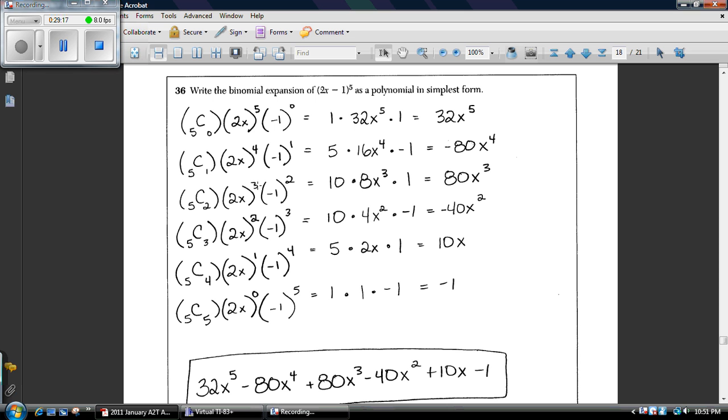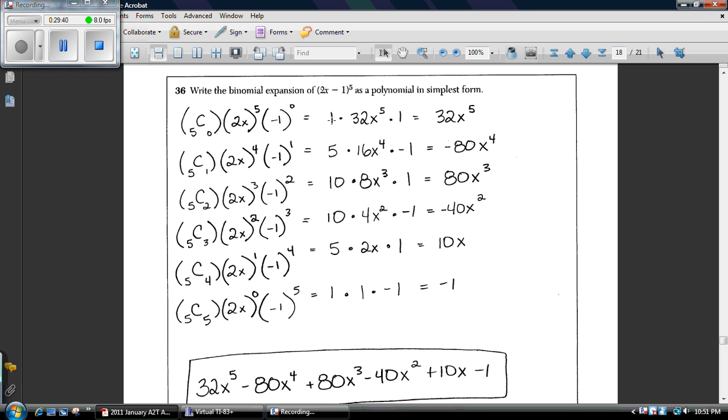Then it goes 5, 4, 3, 2, 1, 0. Each time: 2x to the 4th, 2x to the 3rd, 2x squared, 2x to the 1st, 2x to the 0. This number over here, this whole thing, raise it to the r power: 0, 1, 2, 3, 4, 5. See the pattern? That's all it is.